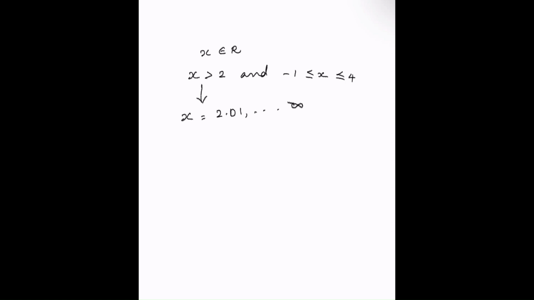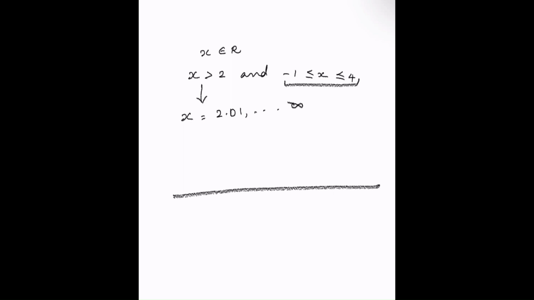But when I say -1 ≤ x ≤ 4, what are the possible values? What is the range of values for that inequality? So x such that x is greater than or equal to -1 and less than or equal to 4.